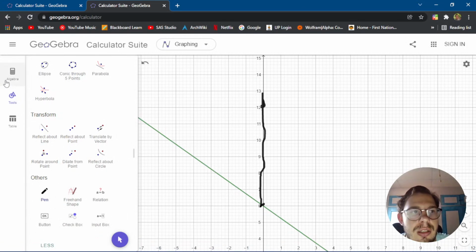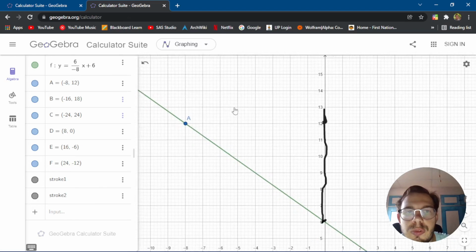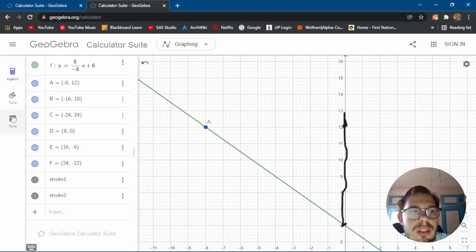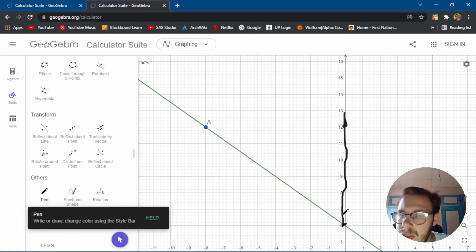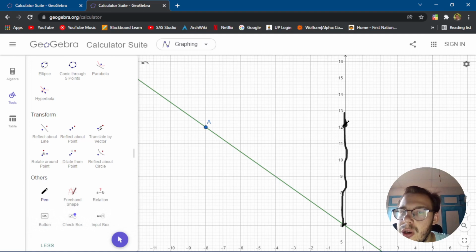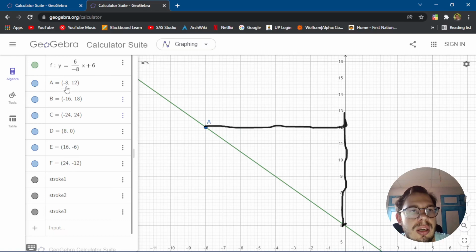So that is, just let me move the graph. So that is from the 12, just remember it's 1, 2, 3, 4, 5, 6. We move 1, 2, 3, 4, 5, 6, 7, 8. And there you can see is the point (-8, 12).